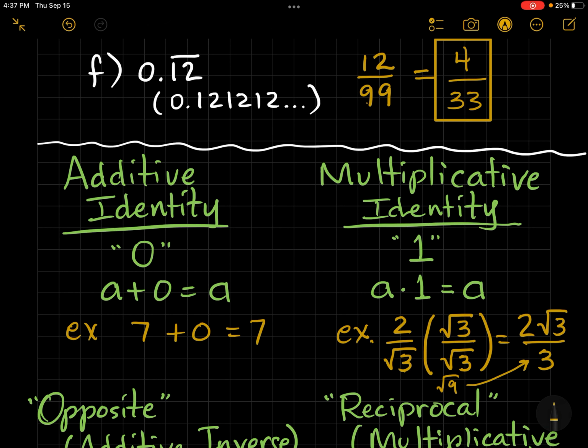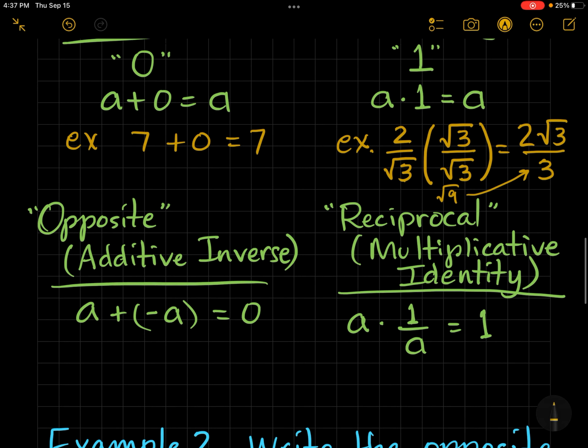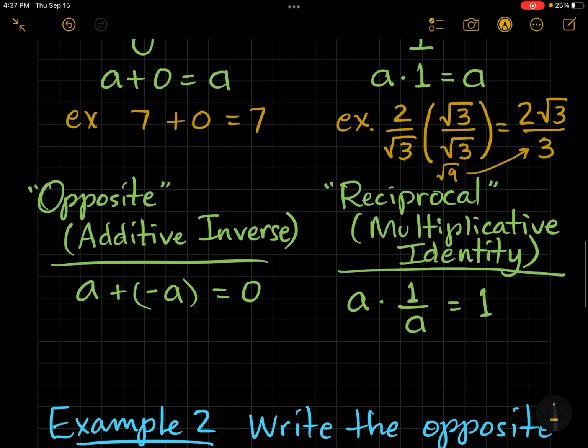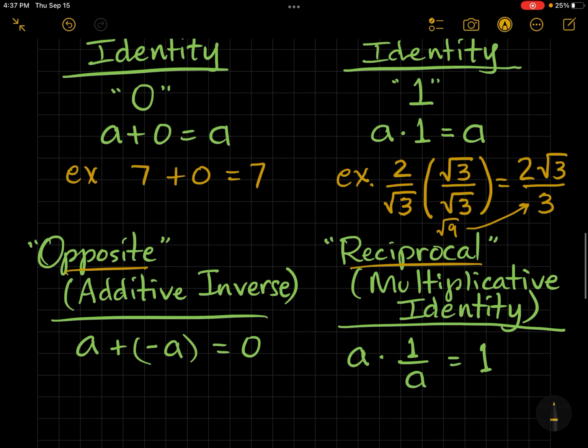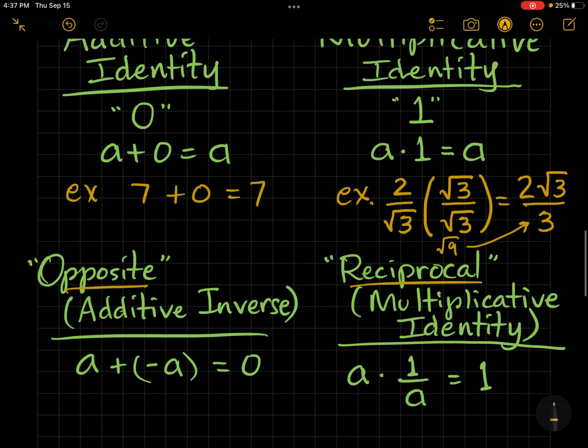Okay, let's make sure we understand these two terms, opposite and reciprocal. Now, these are tied to the identities. Notice this is our identity right here for addition.